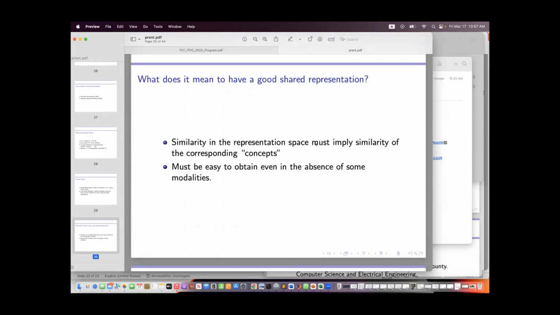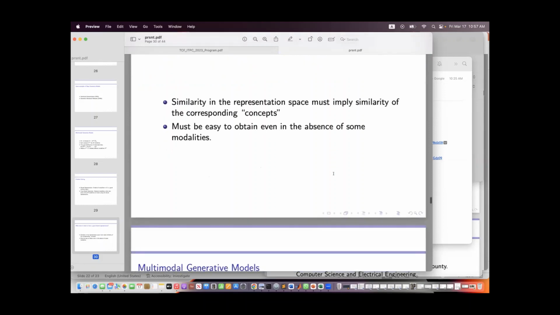If you're trying to learn mythology features, whether a particular panel has mythology in it or not, the lyrics of the song also have to be able to learn mythology. So they have to share and learn the same concepts. And it must be easy to obtain even in the absence of some modalities, because sometimes the lyrics will be there, but not the representation in a painting.